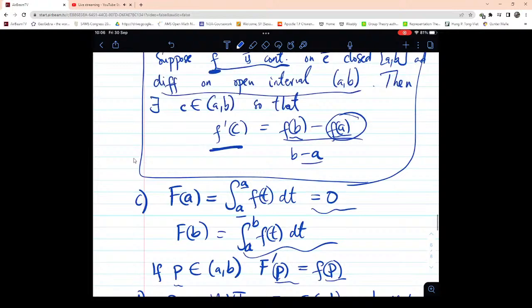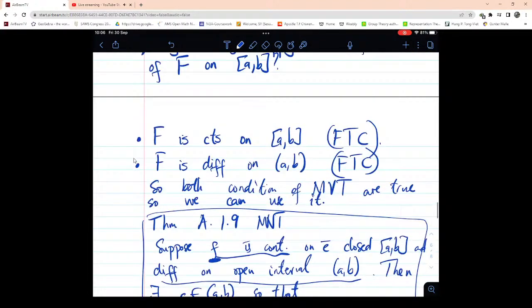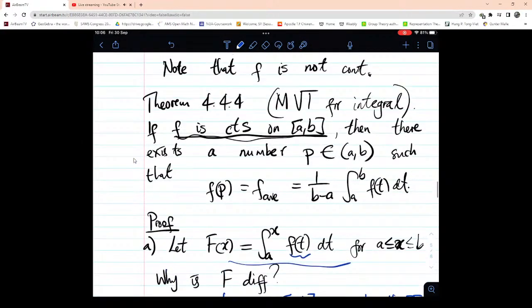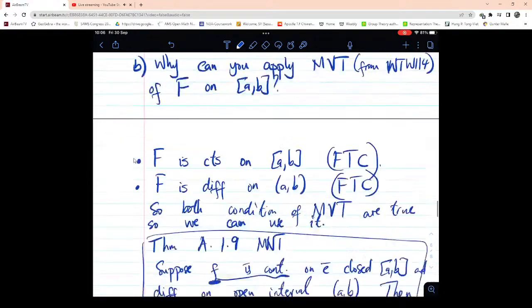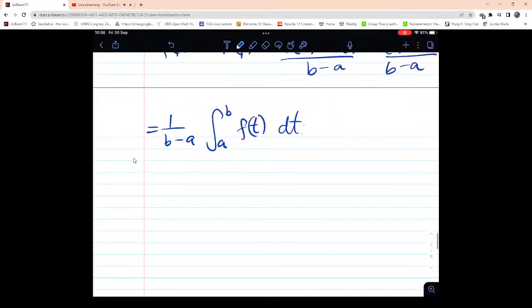So whenever you have a function that is continuous, you know that you are going to find this P such that that happens. I'm going to give you homework. So let f of x, you can also look at the example in the textbook to do this.